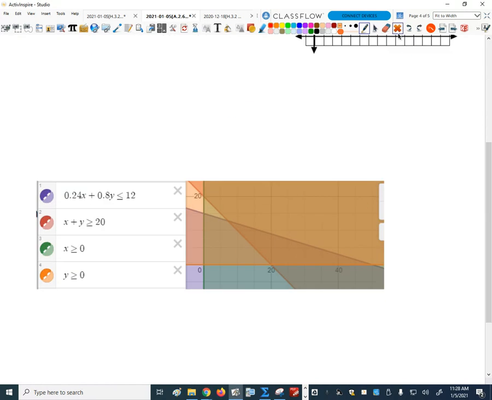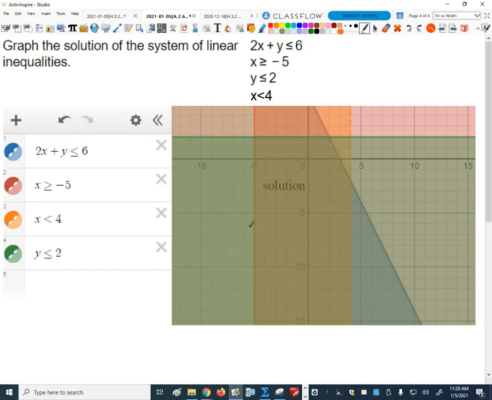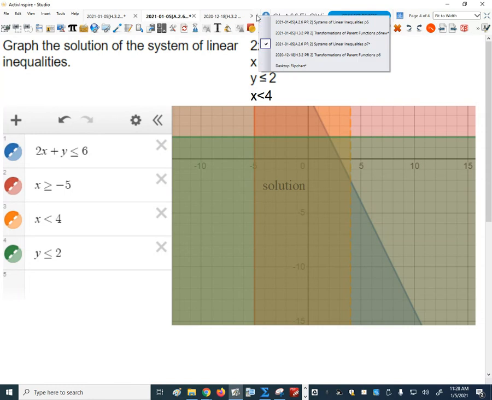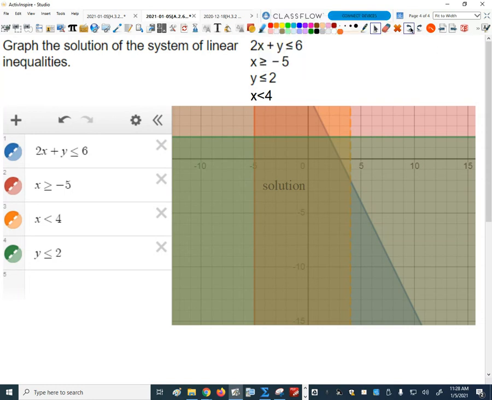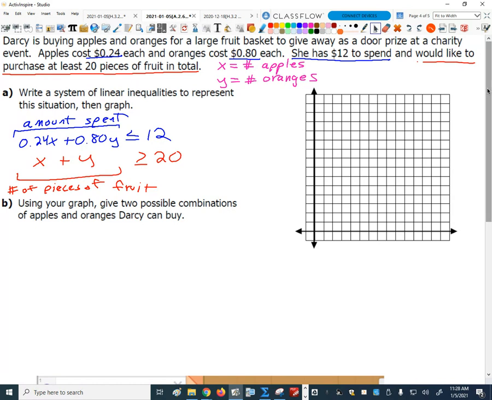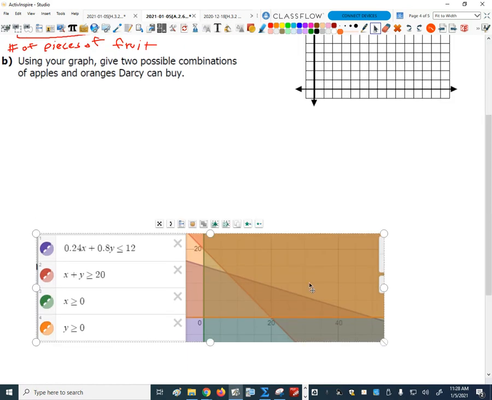Here, you know what I'm gonna do? I'm gonna replace this graph. I like our new one better. Our new one's got the ordered pairs in it. Oh, whoops, that's the wrong graph. No wonder. What did I do here? There we go. Yeah, let's get rid of this one.